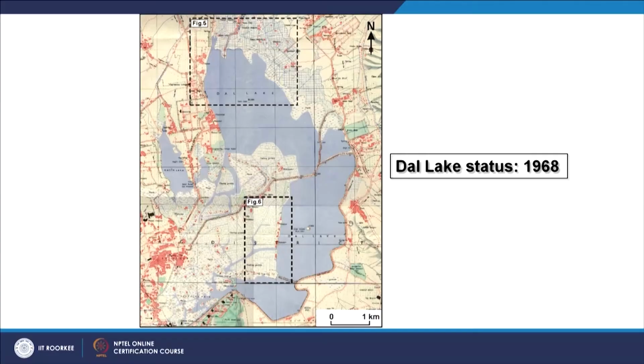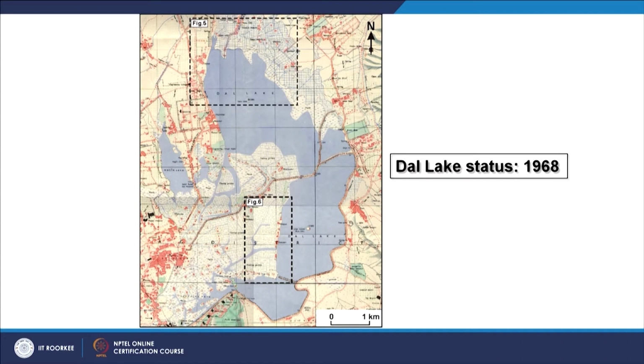Here what we are going to do is create a new product using an image and a scanned map, and you would see the advantage. This is about the Dal Lake, which is in Srinagar, Kashmir, and we were working on a project. I will tell you a little story about how this technique was developed.